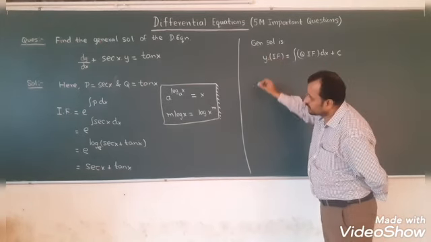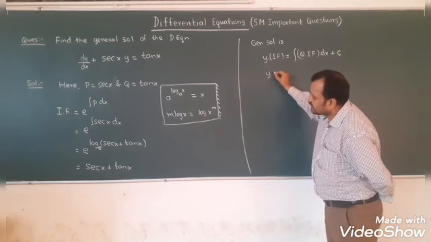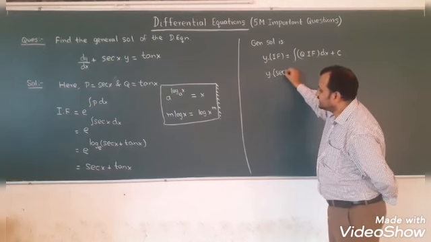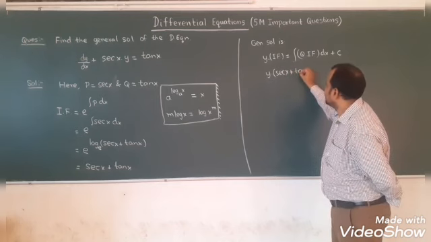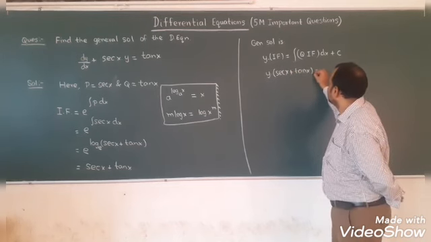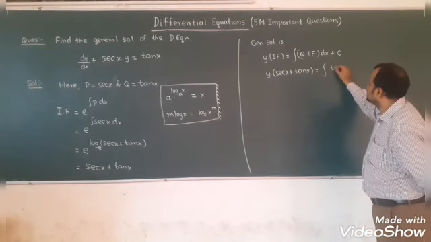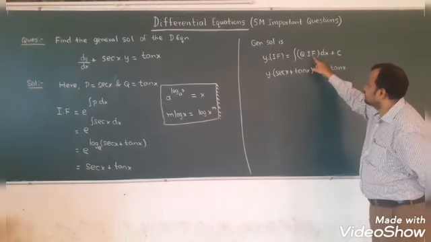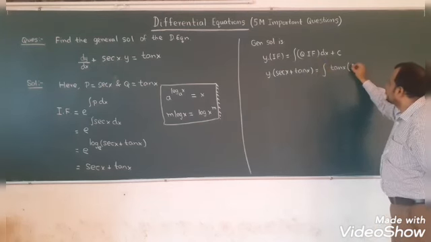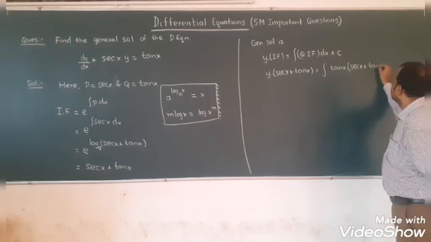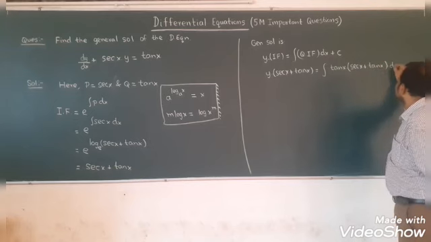What is y? So y into integrating factor, which is secant x plus tan x, is equal to integral of q into integrating factor dx. Q is nothing but tan x, and the integrating factor is secant x plus tan x, dx.